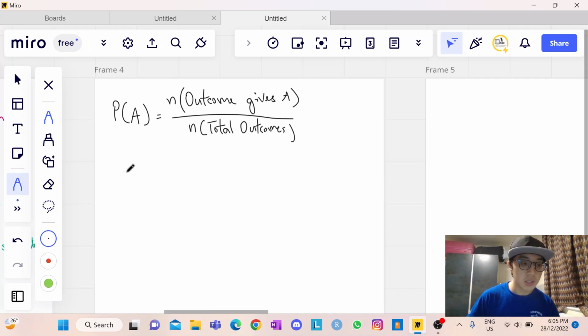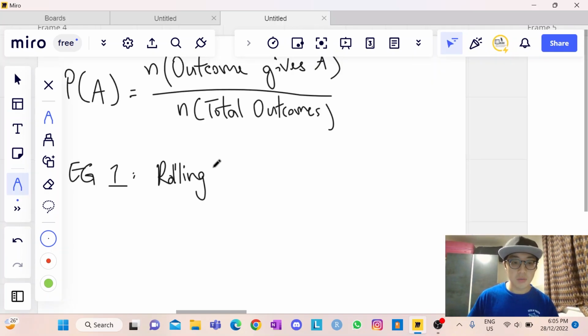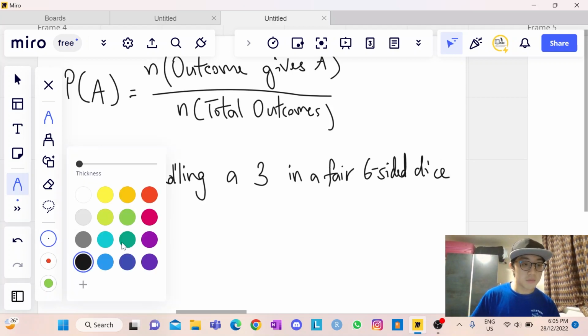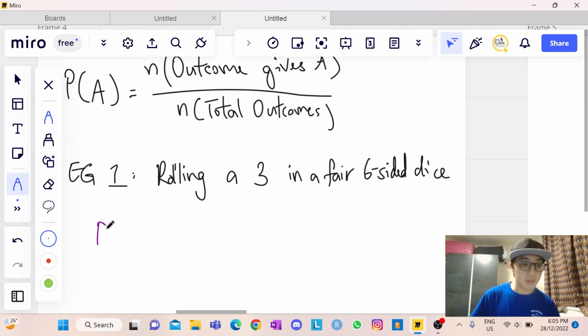All right, so the example from 1 is rolling a 3 in a fair 6-sided dice. All right, then in fraction, the probability of A is equals to 1 over 6.